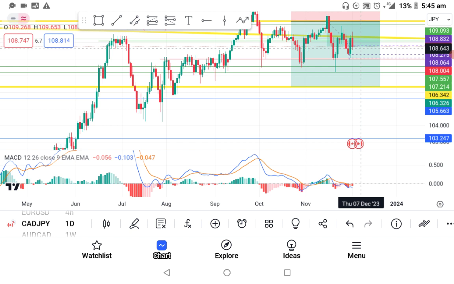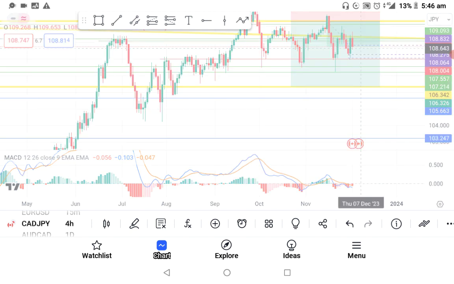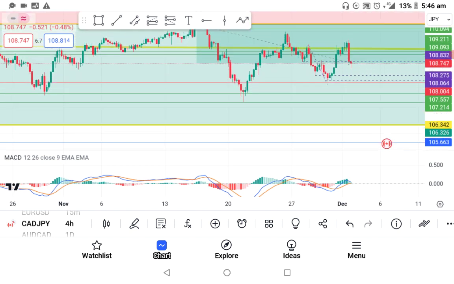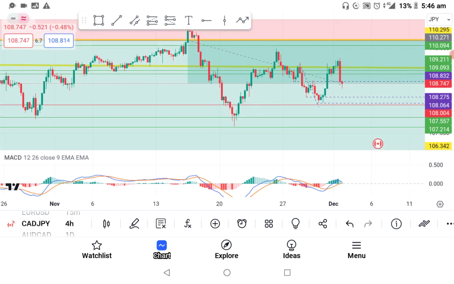So on the 4 hours time frame, it has already started selling.